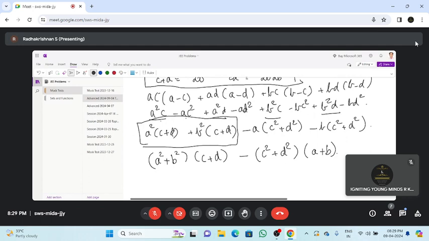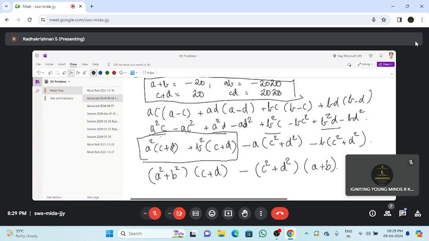So what is A square plus B square? Sir, A plus B the whole square minus 2AB, sir. Correct. A square plus B square equals A plus B whole square minus 2AB.